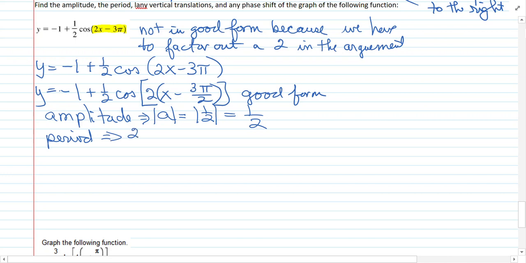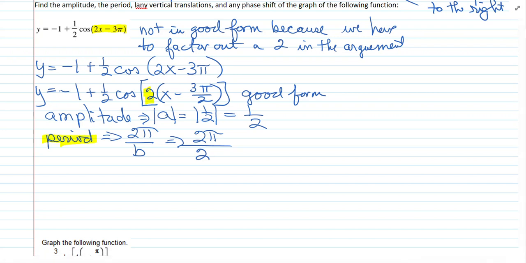Period is 2 pi divided by b. So I'm going to have 2 pi divided by that 2. All right. So this is period. This is amplitude. All right. So that calculates to pi.